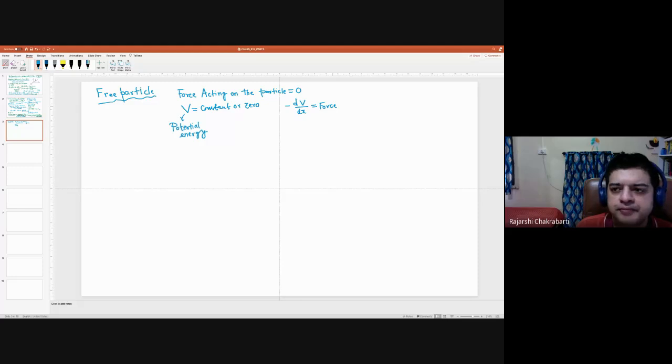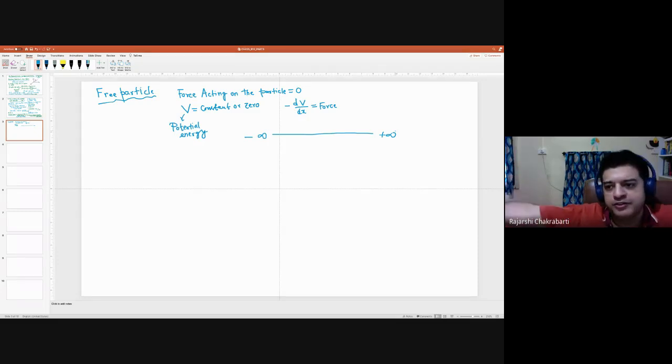Clear? Okay. But it is not between 0 and L, it is between minus infinity to plus infinity. As if you have a box, the length is infinity. It goes from minus infinity to plus infinity.